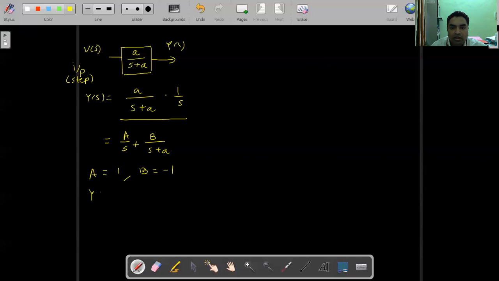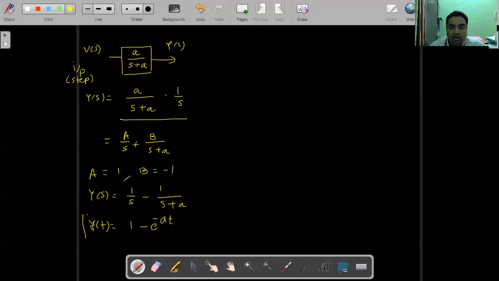So finally, y of s is equal to 1 upon s minus 1 upon s plus a. So in time domain, y of t is equal to 1 minus e raised to minus at.